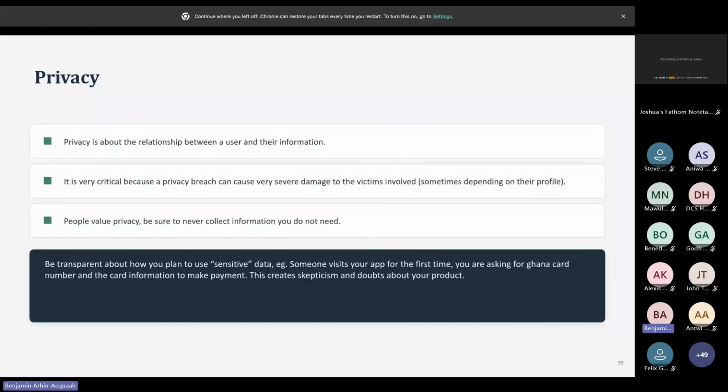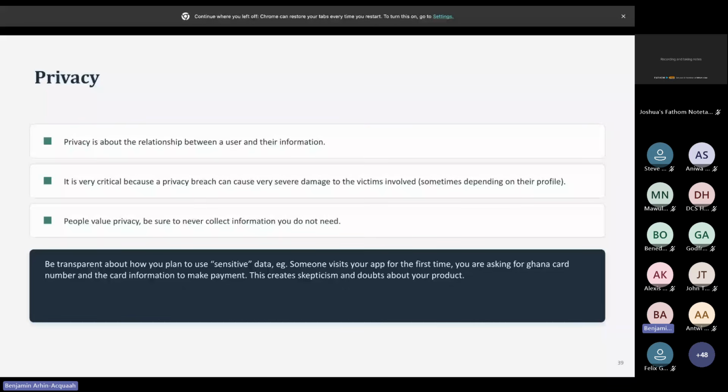If I have your Ghana card number and a system that can resolve it, I will be able to know all your information, your first name, your last name, your student ID number. All this information is very sensitive.